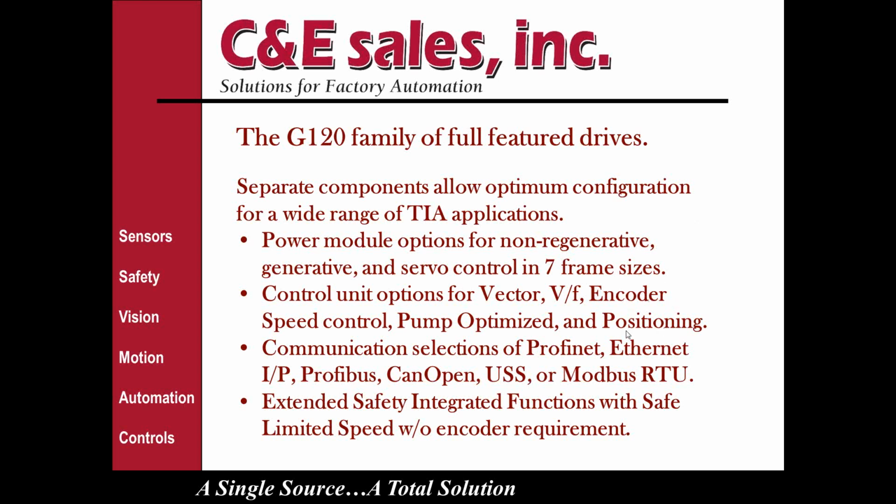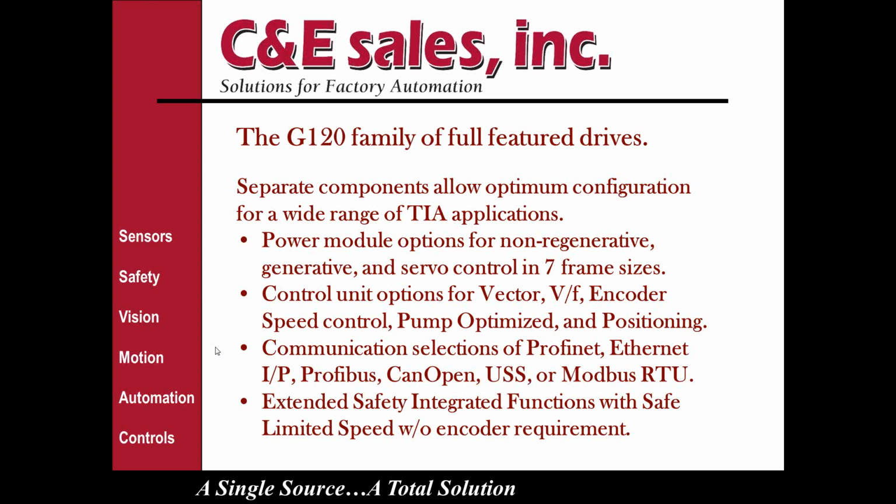You also have control unit options, and there are several different control units that you can go for. Some of those are specifically geared toward particular applications. There's a G120P that we'll talk about that's geared towards pump applications, pumps, fans, and compressors. The E series is more of the general purpose extended I/O, used for a lot of the applications in industry.